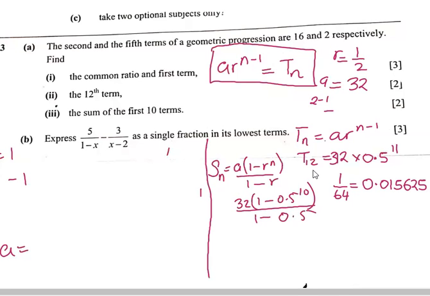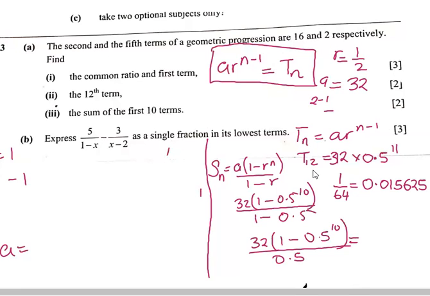Okay, now we can go to the next step and say 32, then I would write this part here, 0.5 to the power 10. Then when you subtract down here, what do you get? 0.5. To make the work easier for you, divide this 32 by 0.5.